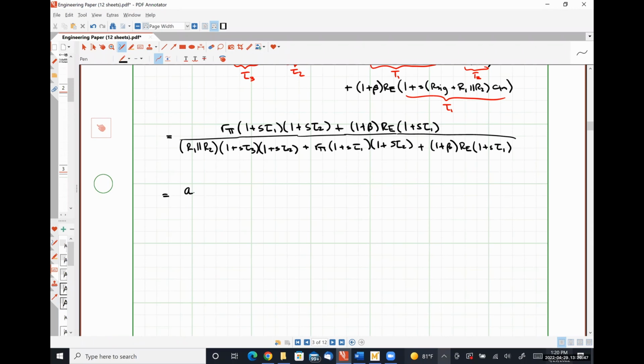I have AN times S squared plus BN times S plus CN over AD times S squared plus BD times S plus CD, where, if you're wondering, N is for numerator and D is for denominator, so I didn't get things mixed up.